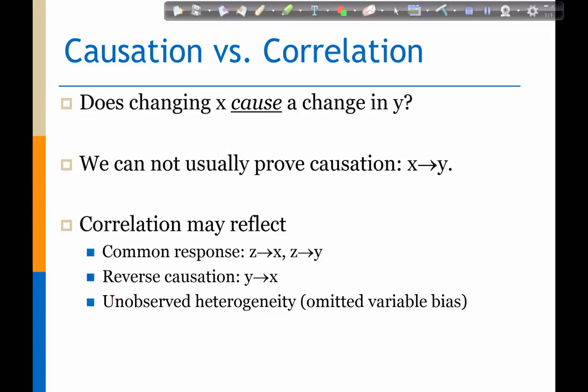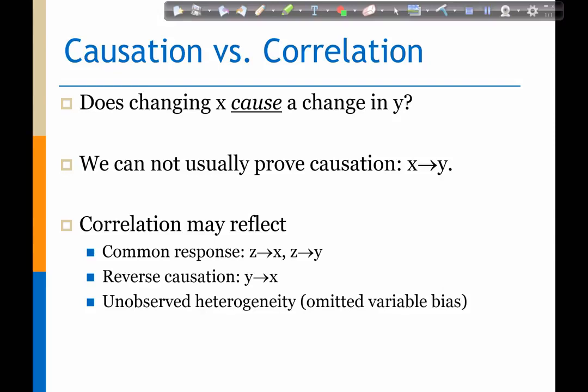Just to summarize, we ideally want to know, does changing X cause a change in Y? We usually can't prove causation. Oftentimes, if we find a correlation, that may reflect what's called common response, and that was the example with the healthy breakfast affecting performance. We saw that parent education might affect both of those things. Reverse causation is a very common problem.